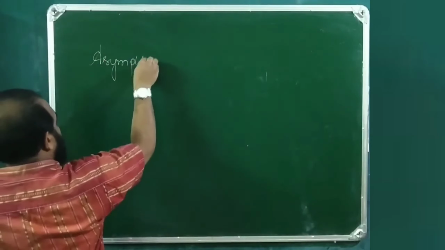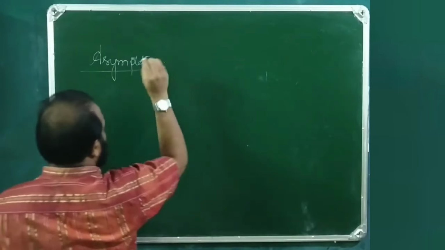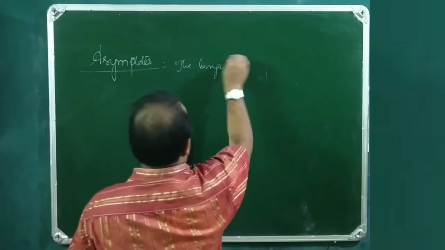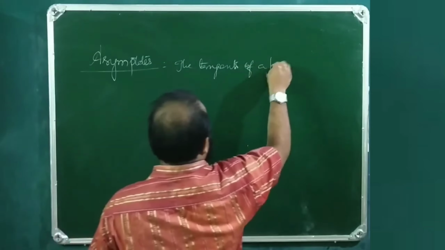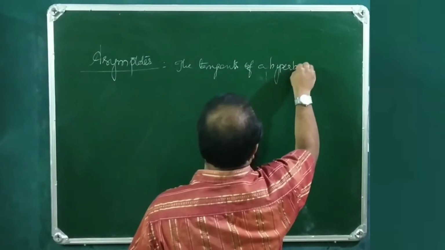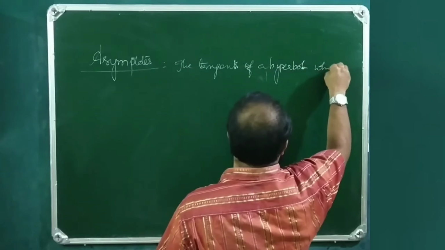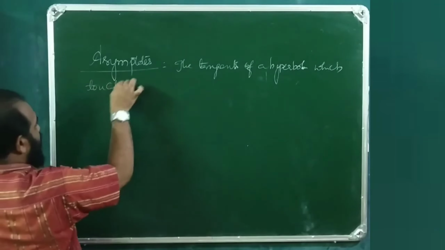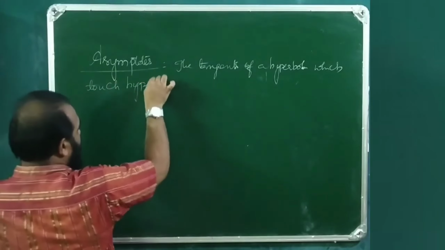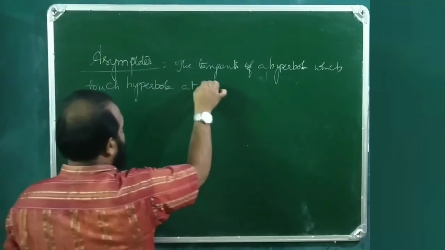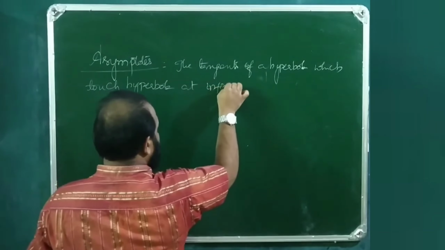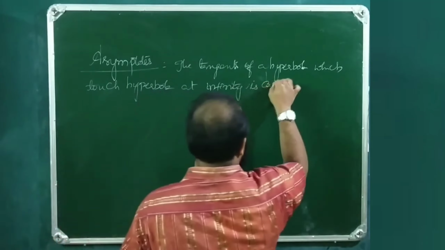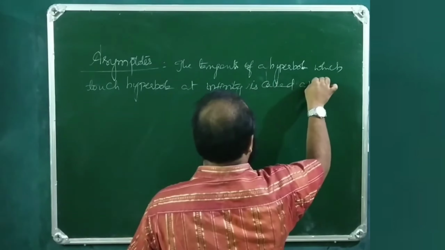Asymptotes. The tangents of a hyperbola which touch the hyperbola at infinity are called asymptotes.